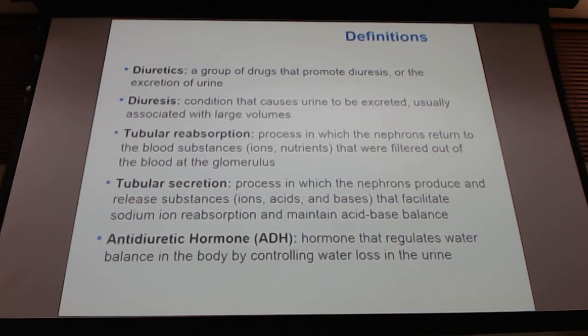Secretion is the transport of substances from the bloodstream into your nephron. And antidiuretic hormone is a hormone that regulates balance in the body by controlling water loss in the urine.